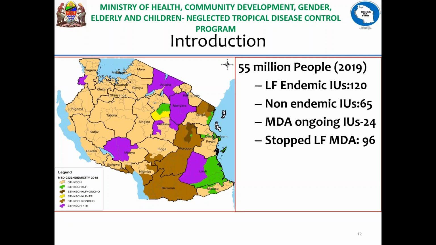MDA is currently going on in 24 districts, while 96 districts have stopped mass drug administration. Here I present the map of NTDs endemicity in Tanzania. As you can see, we have only 24 districts where LF is endemic at the moment. Next, please.